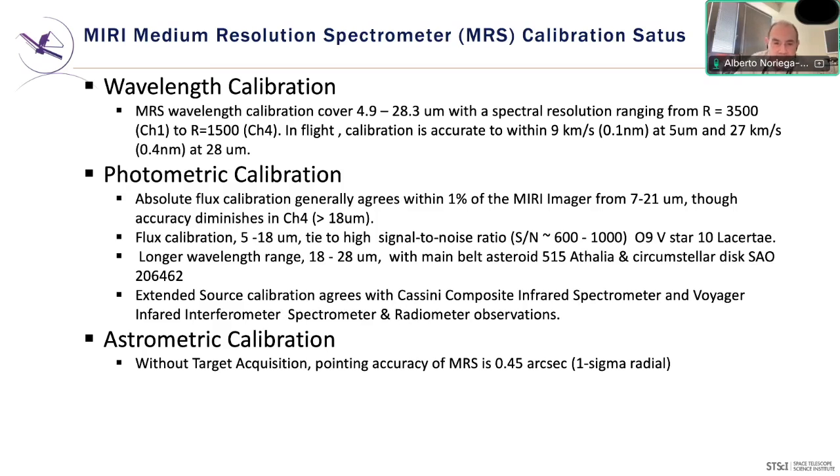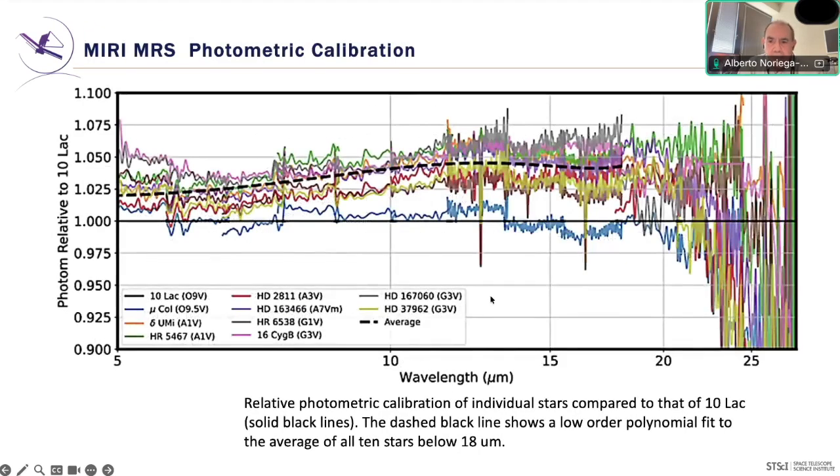The absolute pointing accuracy without target acquisition is of the order of half a pixel, 45 seconds, and radial. So many times we recommend the users not to use target acquisition for MRS, only if you want high precision and position the source on the same pixel, because the automatic calibration is very good.